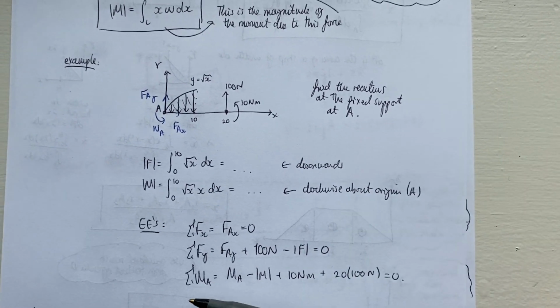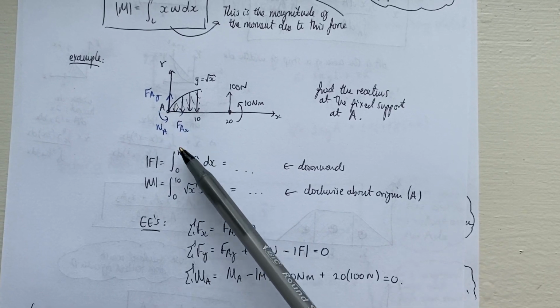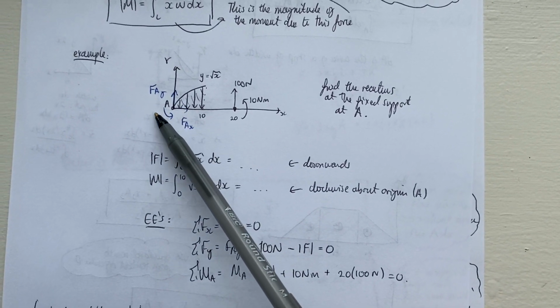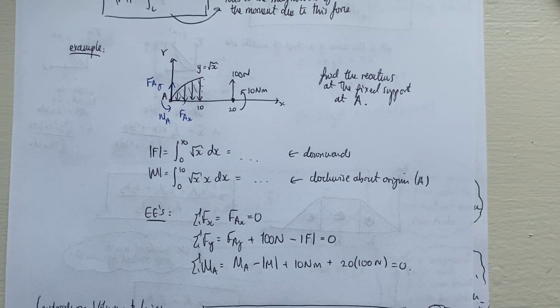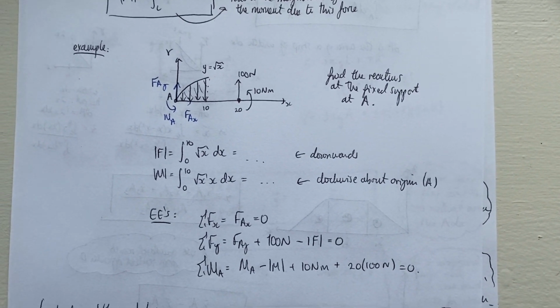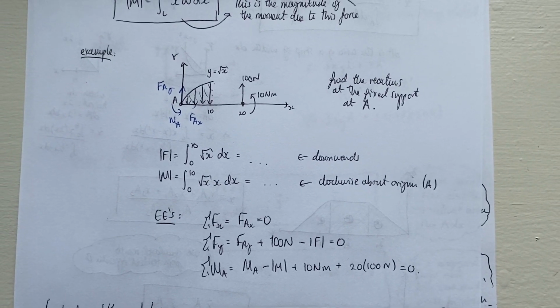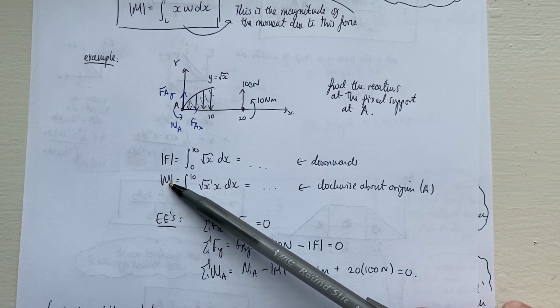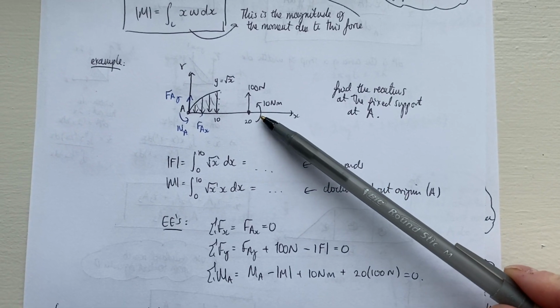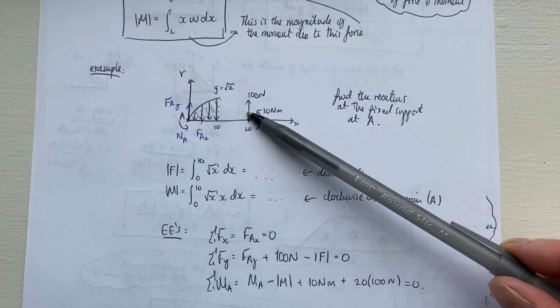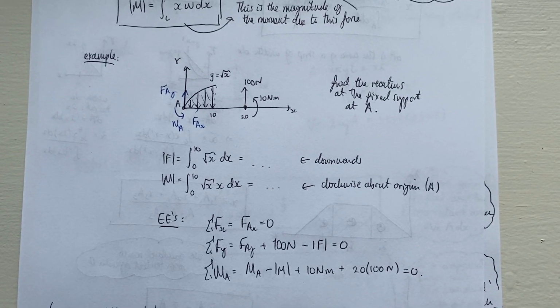And then summing moments about A, which I'm assuming is the origin, I have MA, the couple exerted by the fixed support. I have the clockwise moment about A, which I calculated here, so that's going to be negative. I have the 10 Newton meter force here, and I also have the moment due to this 100 Newton force acting at a distance of 20.